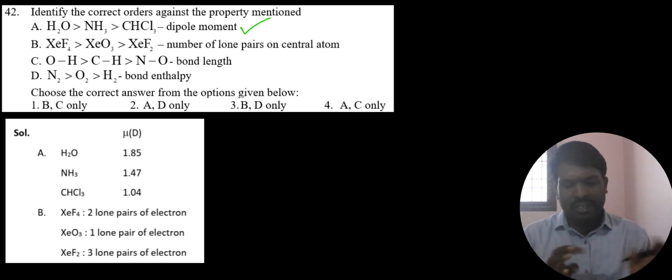It depends on polarity also. Bond polarity we can also decide. Water molecule is 1.85. It is bent shape. Two bond pair polarities and two lone pair polarities all work in the same direction.